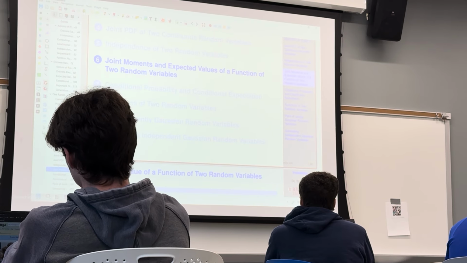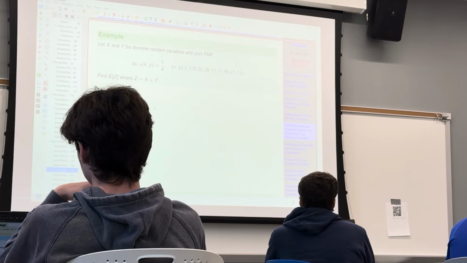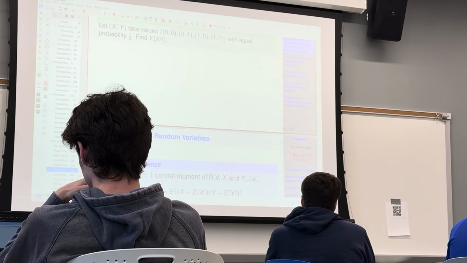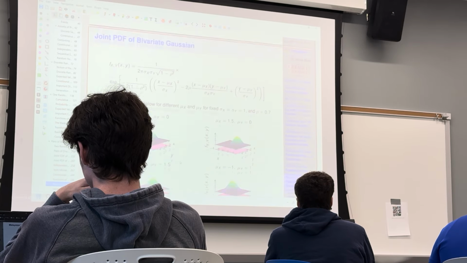Functions of two random variables. So we have functions of two random variables. These functions of two random variables are very important.